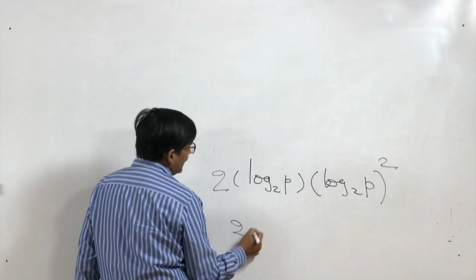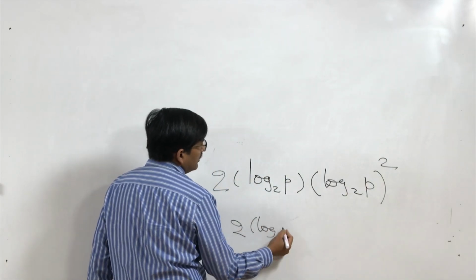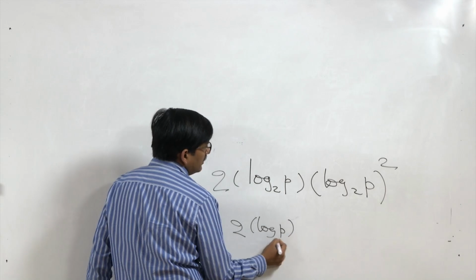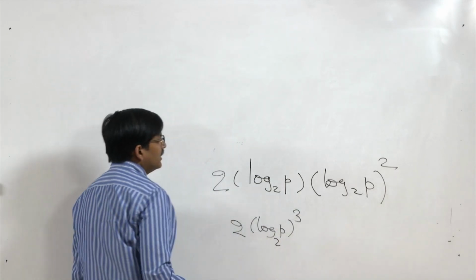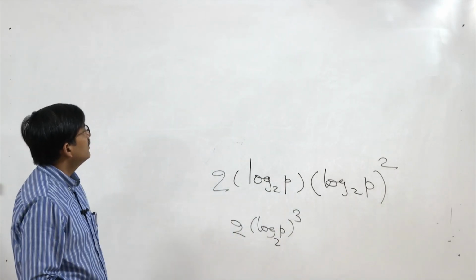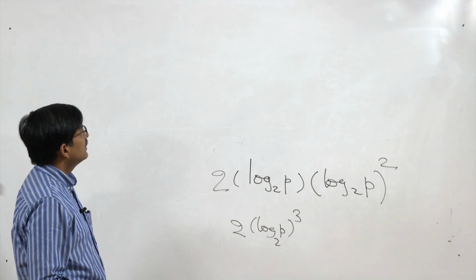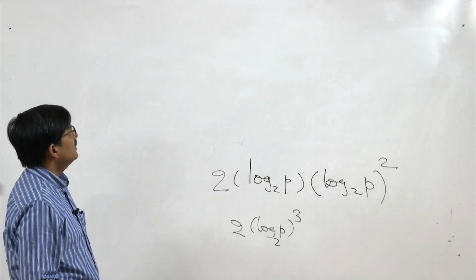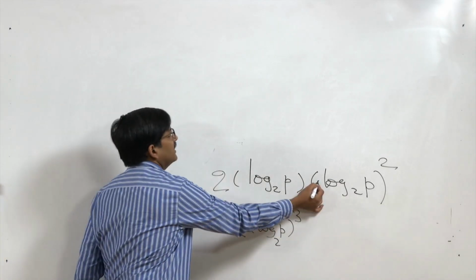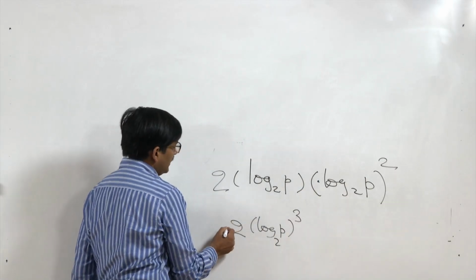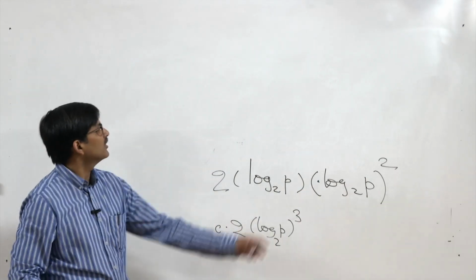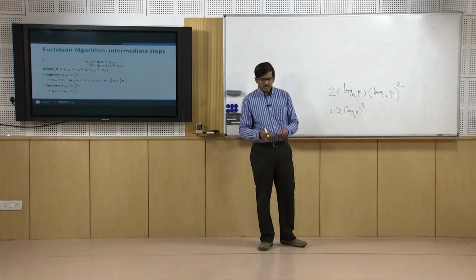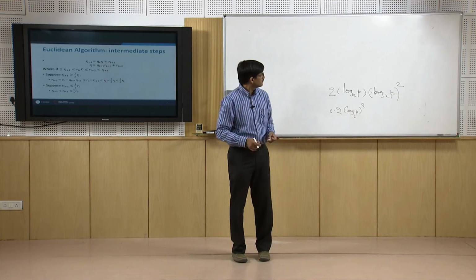So I have something like log p to base 2 cube. You may have some extra terms over here, that does not matter.